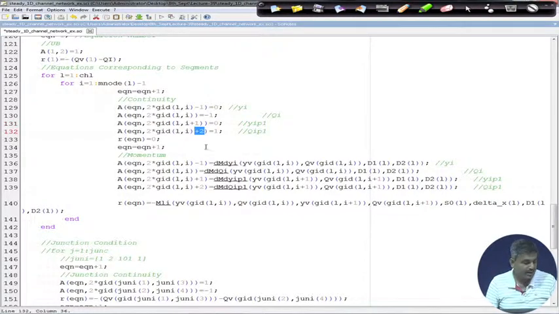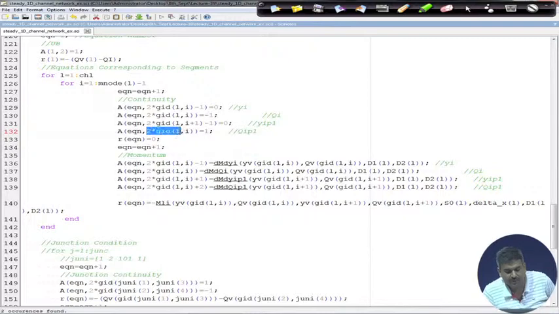Now again I can consider that this is corresponding to our flow depth yi, this is corresponding to qi, this is yi plus 1, this is qi plus 1, because we are considering even numbers here, because I plus 1 we are considering.